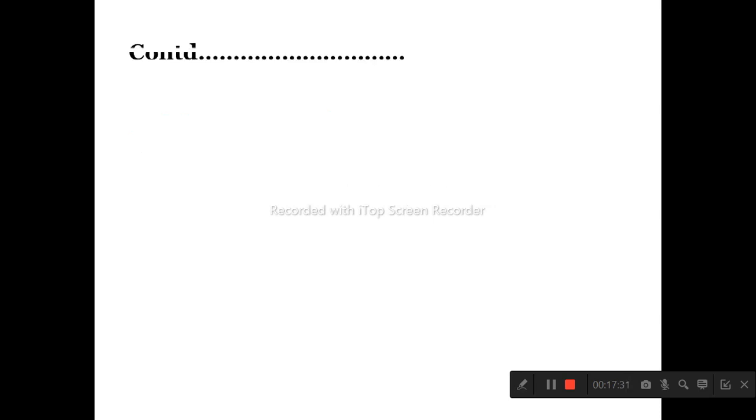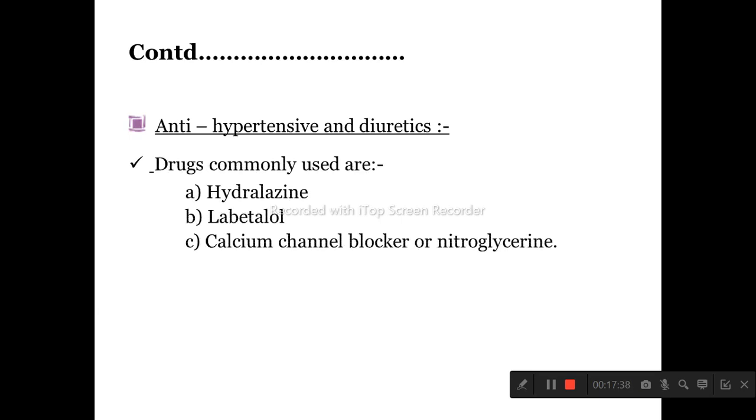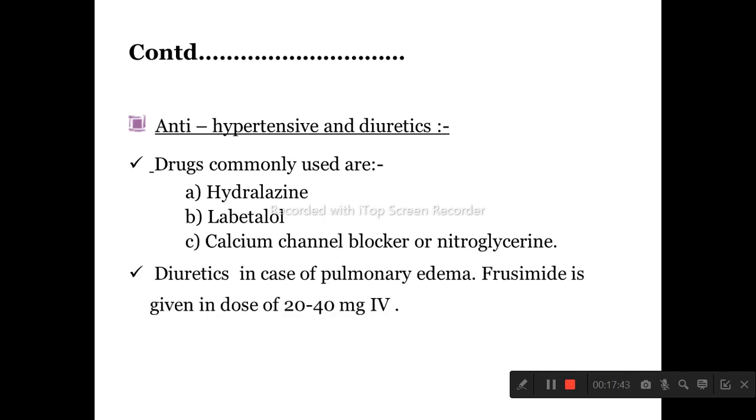Then next is antihypertensives and diuretics. Drugs commonly used are hydralazine, labetalol, calcium channel blocker or nitroglycerin. Then diuretics in case of pulmonary edema: furosemide is given in doses of 20 to 40 mg IV.